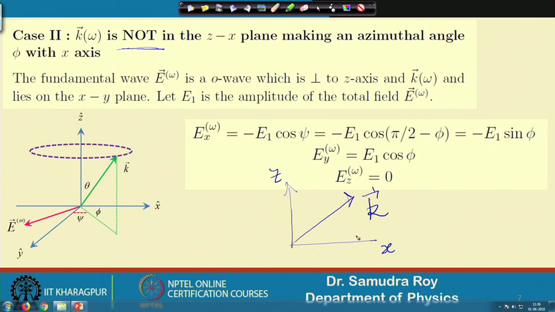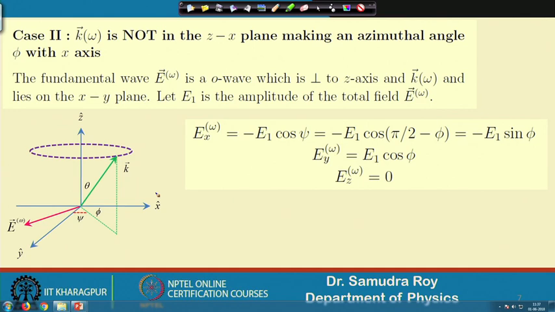But now you can see that the launching angle of k is the same, this angle is theta or 45 degrees, but there is an azimuthal angle there. That means k is not in the xz plane, it is hanging in space.